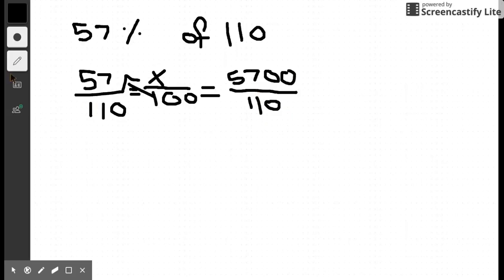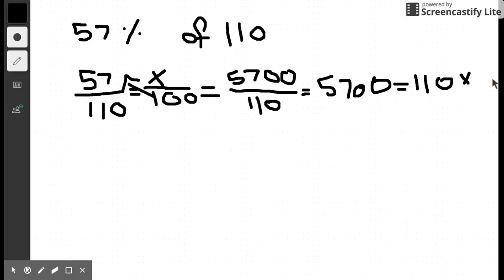Some people do it this way. They could write 5,700 equals 110x. But I find this much simpler, because sometimes it might get confusing.